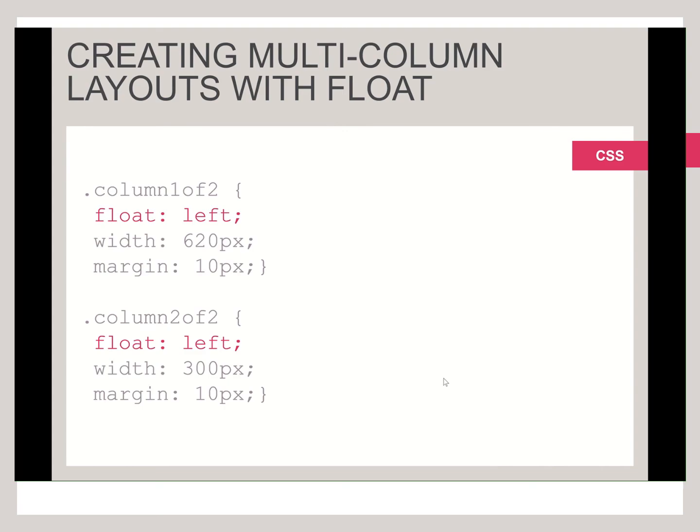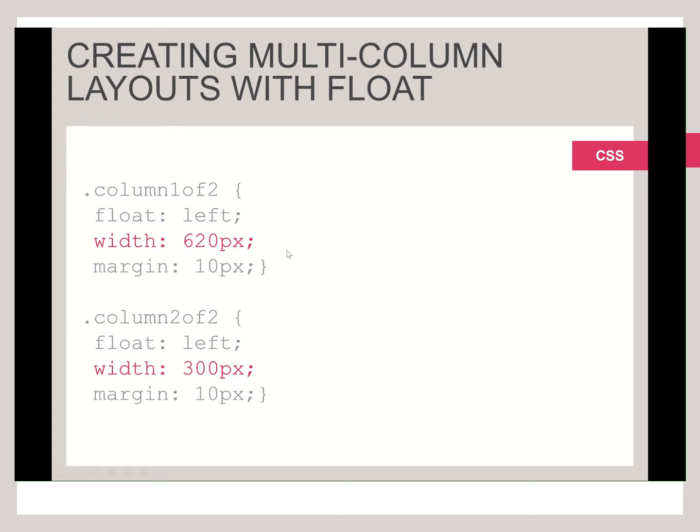Let's see the result. We first define divisions, and then we use this CSS to set the layout for each division. Each one uses the float attribute to the left, and then we decide its size and properties.